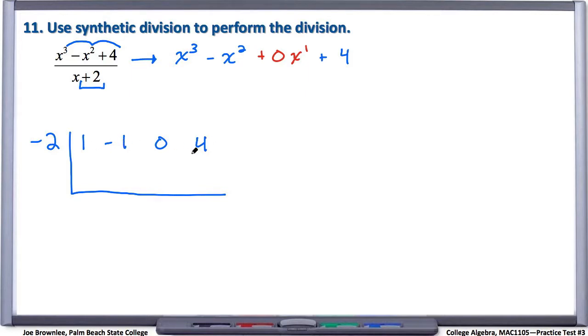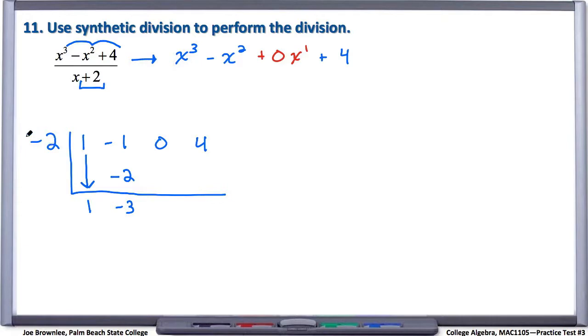When we actually start to perform the synthetic division, no matter what the first number is, it will always come down. Then we perform multiplication. -2 times +1 gives us -2, and then we add vertically: -1 plus -2 gives us -3.